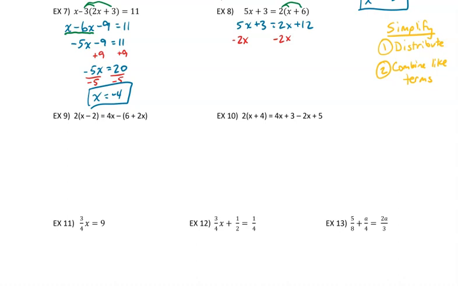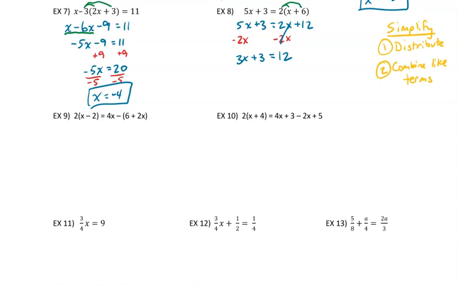All right, so on the left, 5x minus 2x is going to give us 3x. The plus 3 is just going to come down. Equals 2x minus 2x, that cancels out, so all we have left is 12. Once again, we're back to that last 2 steps.